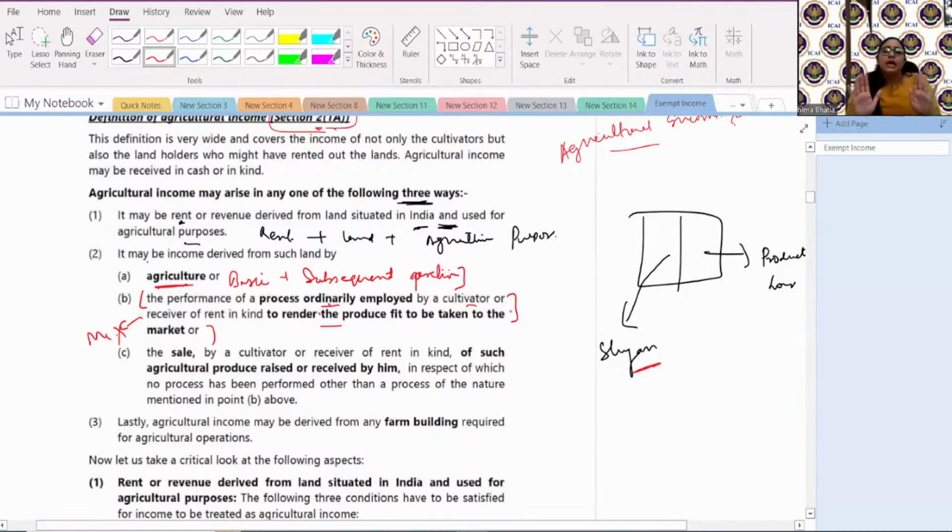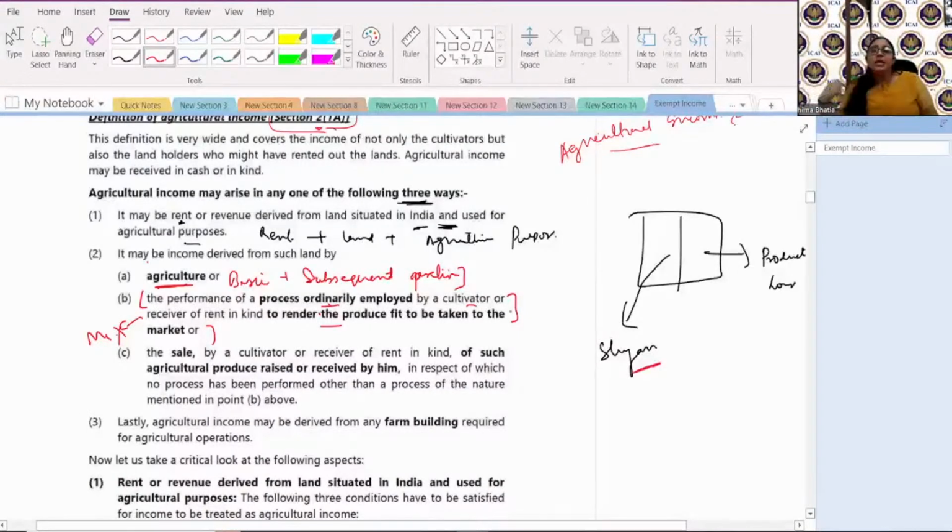That process is agricultural process, because that is necessary to bring that rice into a form that can be sold into the market. You cannot sell paddy into the market, right? To sell rice in the market, you have to take the grains from that paddy, remove the excess part, clean it, remove the stones, and pack it in a bag so that you can sell it into the market.